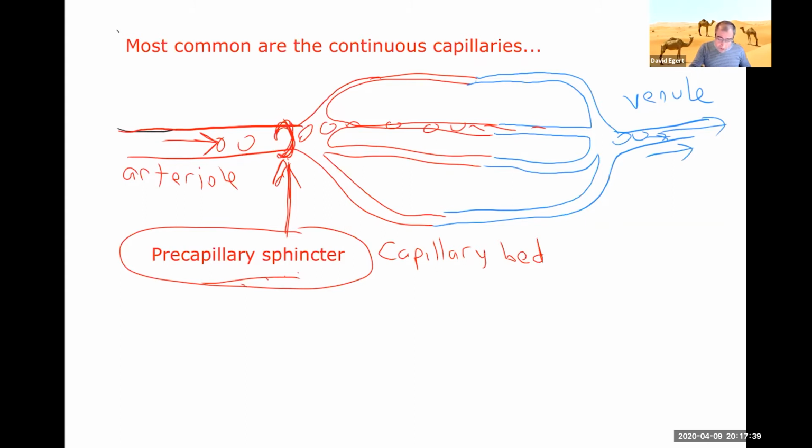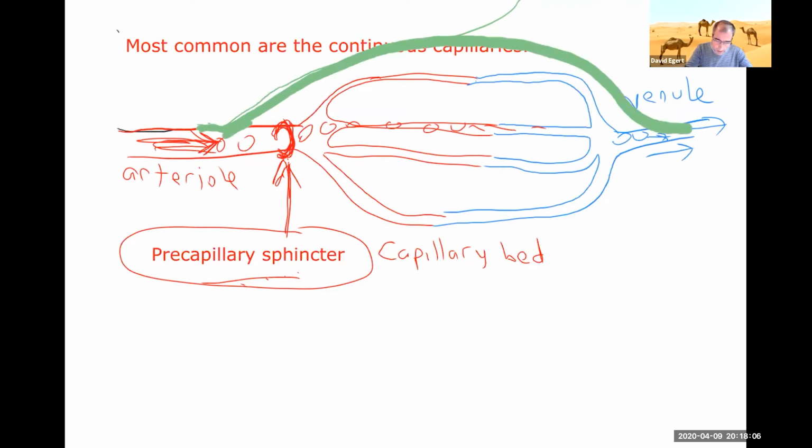If the precapillary sphincter is closed, there's still blood arriving here. So we have a kind of shortcut called a metarteriole. Maybe let me do it with a bigger one. I'm drawing it in a different color because it's not about delivering oxygen or anything.